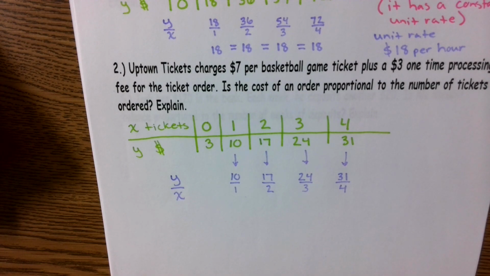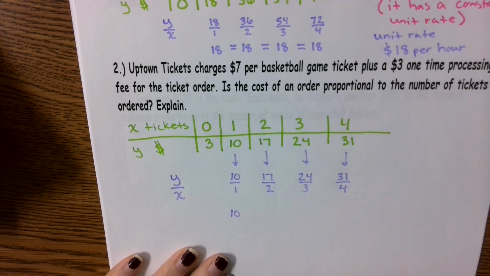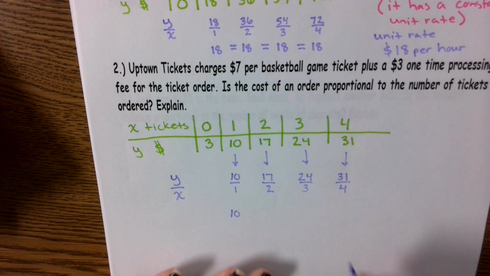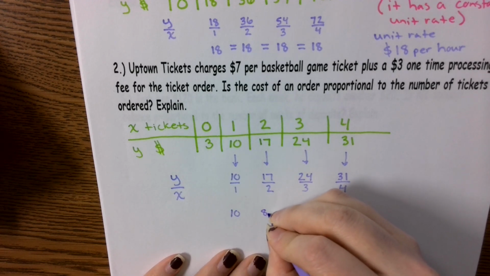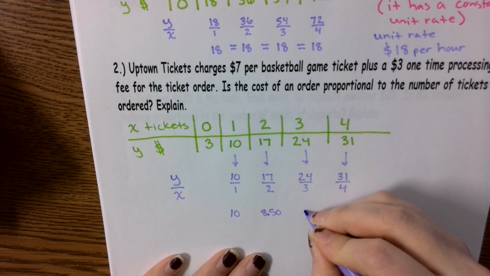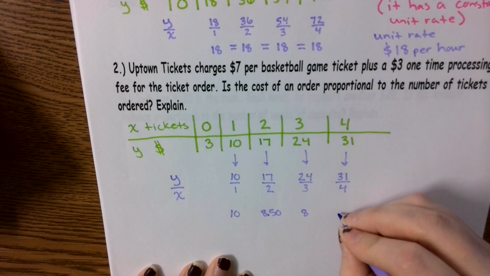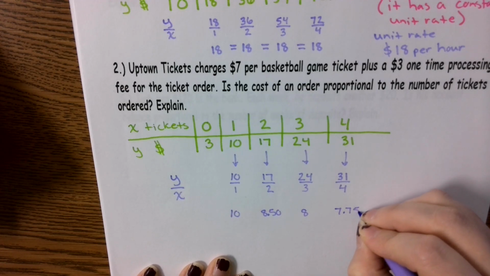And now we just have to divide. 10 divided by 1, $10. 17 divided by 2, 8.50. 24 divided by 3, 8. 31 divided by 4, 7.75.